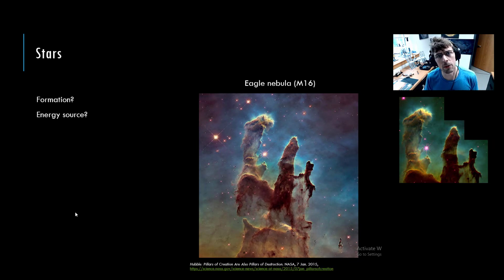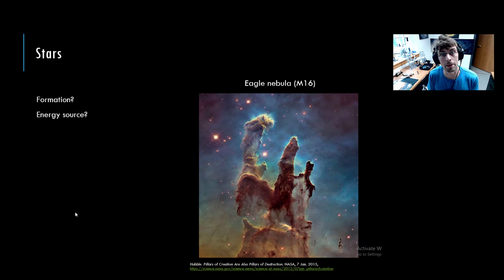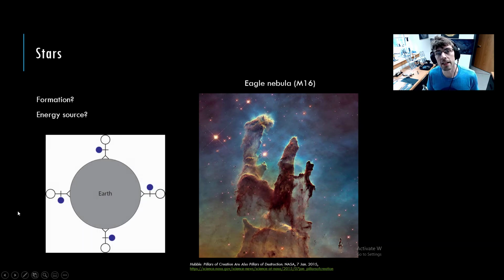The second thing that we should ask ourselves is what is the energy source for getting a star to start forming? And you already know what that energy source is. So for example, let me remind you, let's say that I have 4 people on the Earth, and each person has a little blue racquetball in their hand.